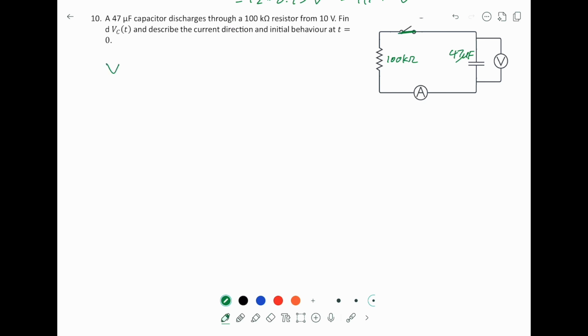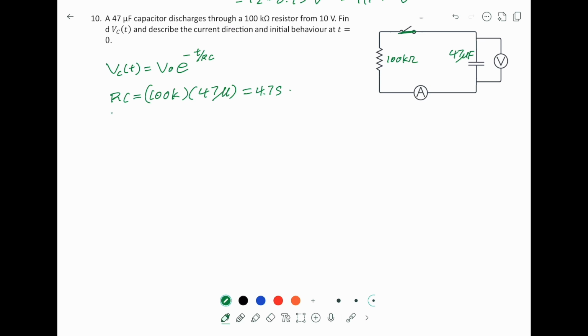The voltage across the capacitor as a function of t, because it's discharging, is V0, the original voltage across the capacitor, times e to the minus t over RC. What is RC this time? The time constant RC is 100k times 47 micro, so you get 4.7 seconds.